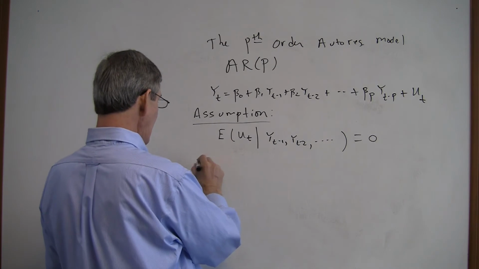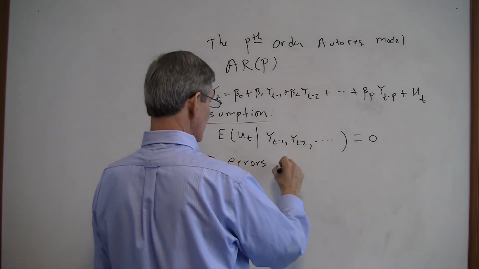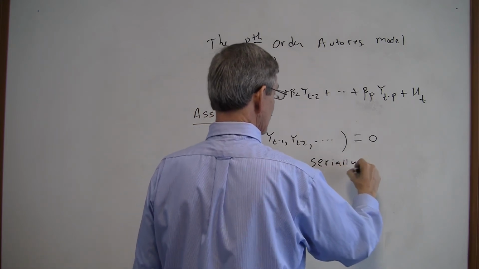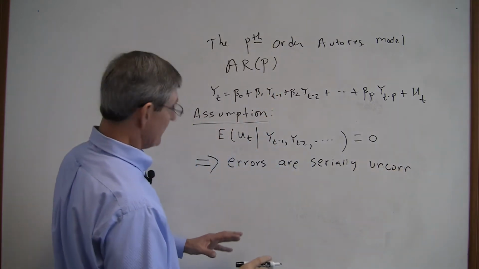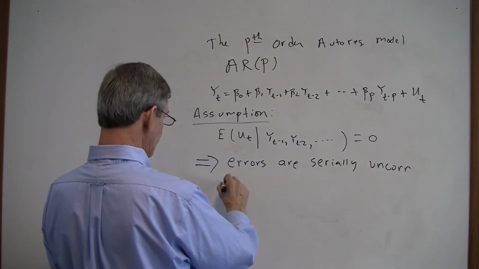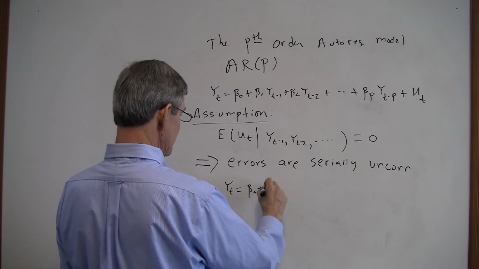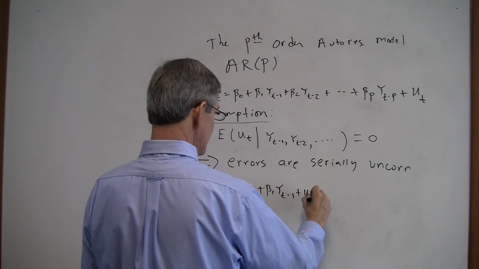So this implies that the errors are serially uncorrelated. Suppose that yt equals beta 0 plus beta 1 yt minus 1 plus ut.